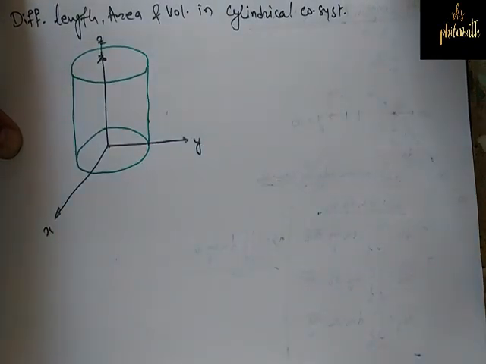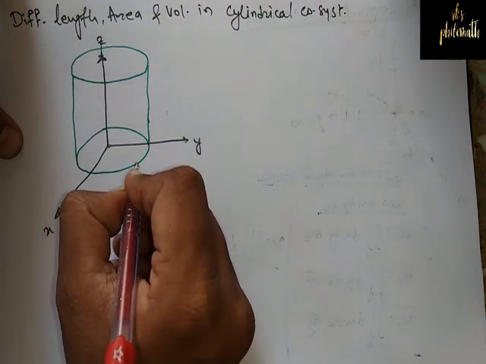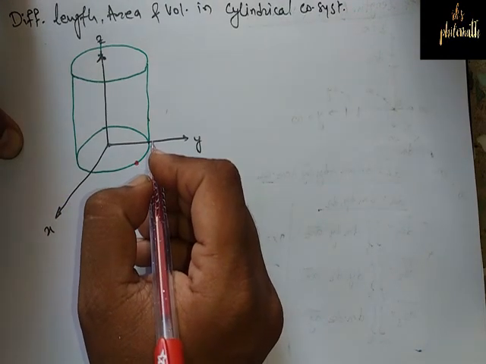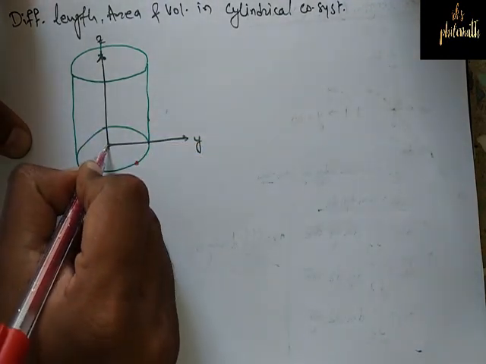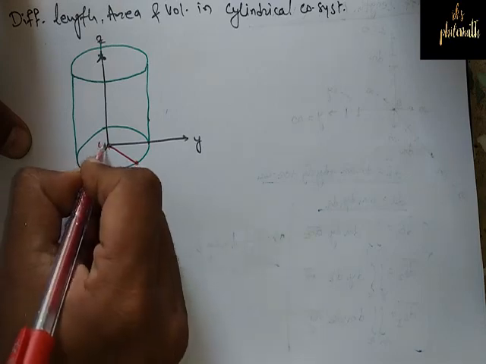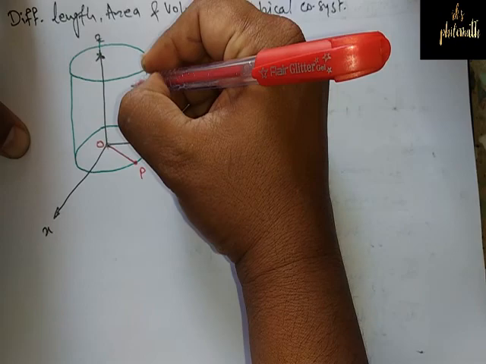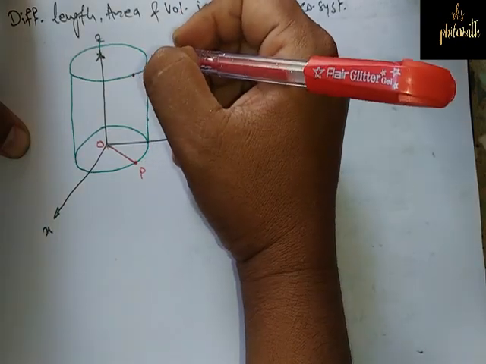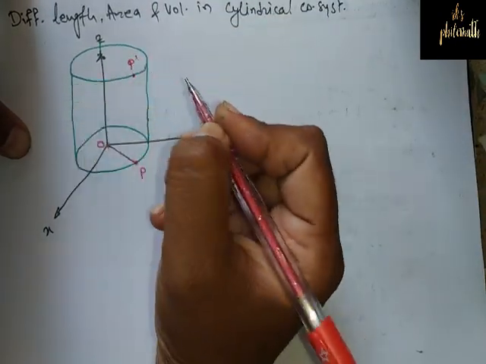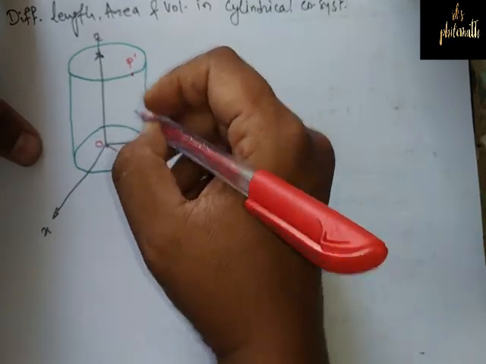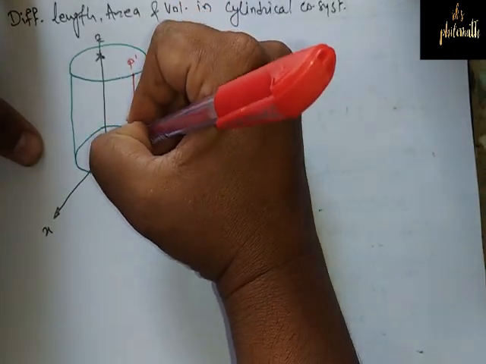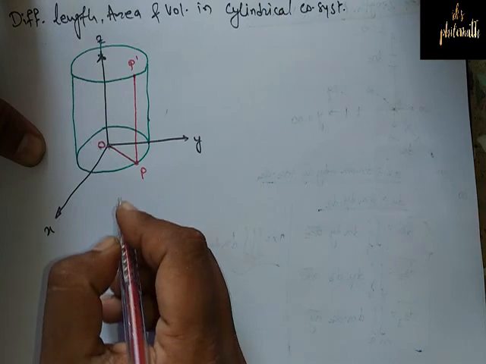Now take particular point P and connect this point P with origin O. Also its point P dash on the upper circle.